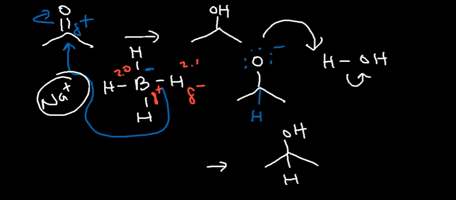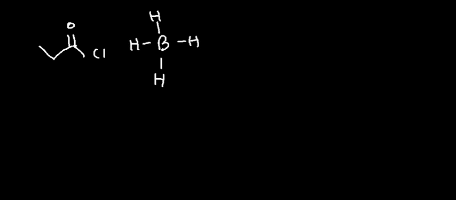So let's try another example. NaBH4 can react with an acid chloride by adding 2 hydrogens instead of 1. So for this one, let's show the mechanism for this reaction. So here's the BH4 ion, and somewhere there's an Na+, so boron has a negative charge.